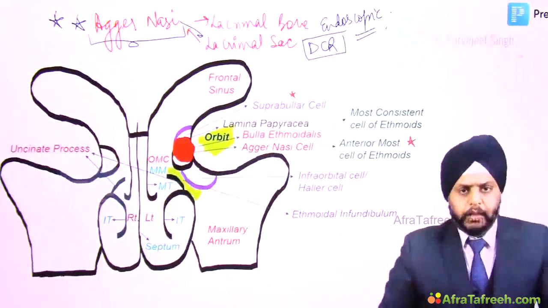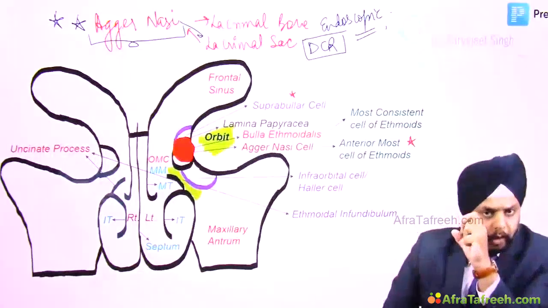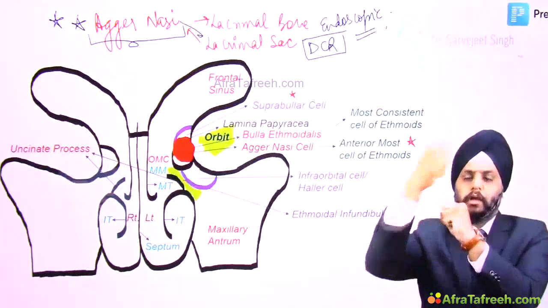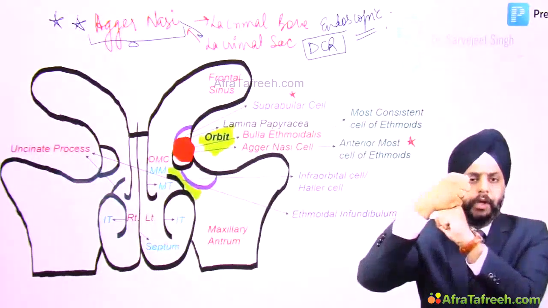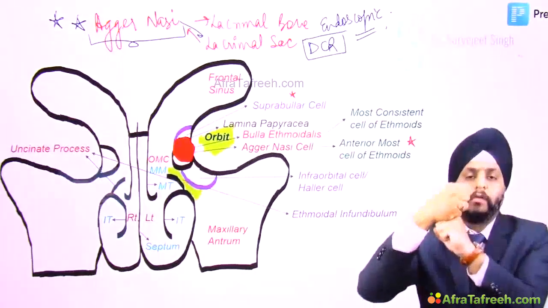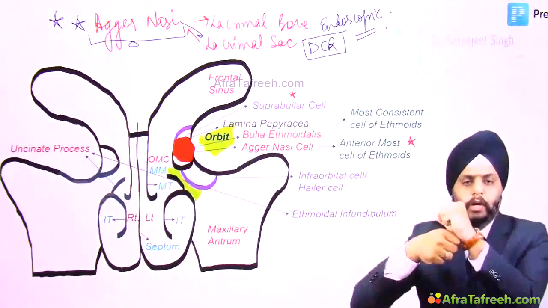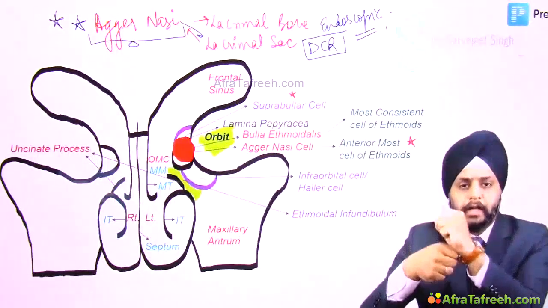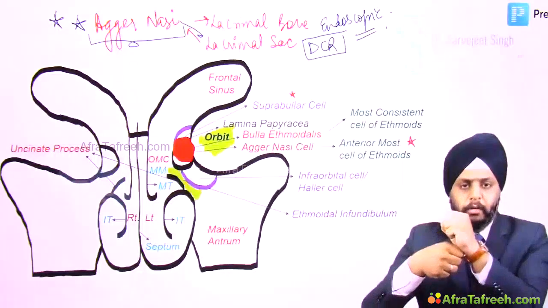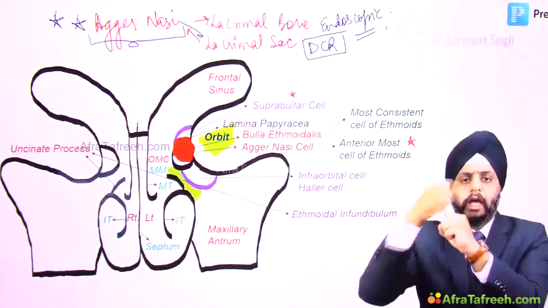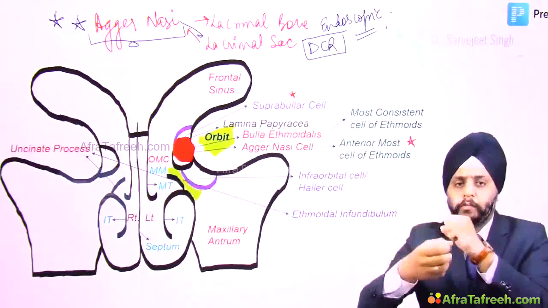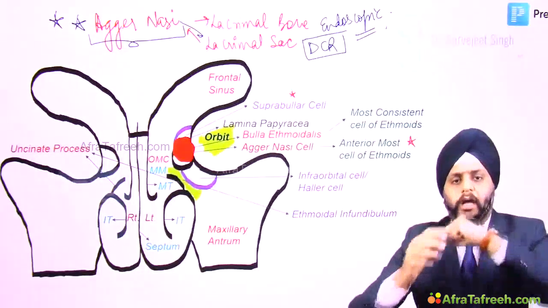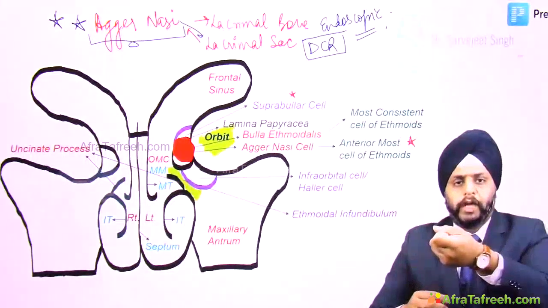All right, now we have a bulla ethmoidalis over here. Above the bulla ethmoidalis, we had the suprabullar cell. Below the bulla, we had the Haller cell, infraorbital cell. Now I told you that anterior to this bulla, we can have another cell.